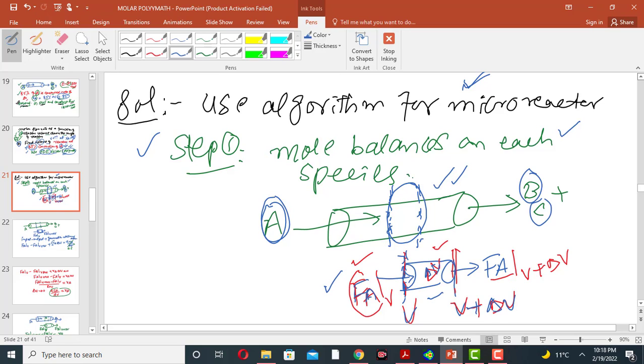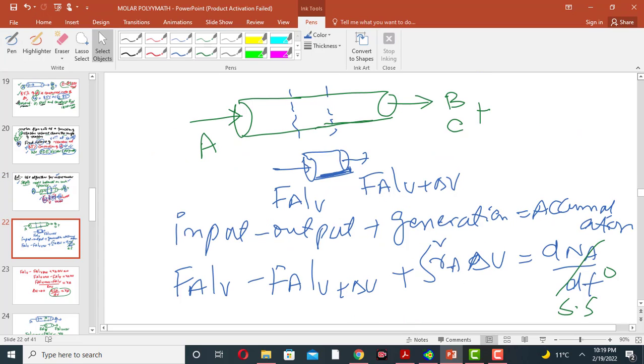So this is our small volume, this is the entering, and this is the outlet of component A. This is V, this is V plus delta V, and this is the delta V, the small volume. So the molar flow rate of component A at volume V is FA at V, and the molar flow rate of component A at V plus delta V is FA at V plus delta V.